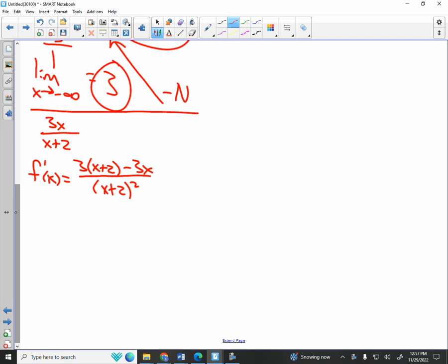Good. So 3 times x is 3x, and 3 times 2 is 6. The 3x's will cancel, leaving you with 6 over x plus 2 quantity squared. That's my first derivative. What do you notice about the first derivative?